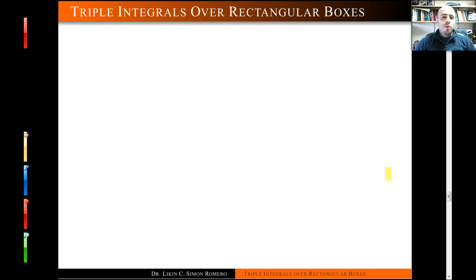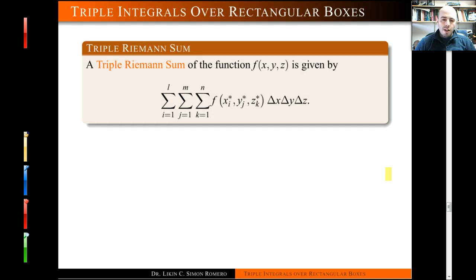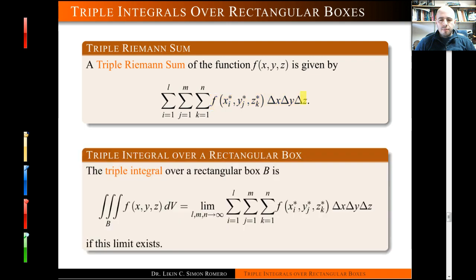So now, how do we define the triple integral over a rectangular box? Let me again say that a triple Riemann sum is given by the value of a sample point times the volume of each individual small box, and then adding all those products together. The triple integral over a rectangular box is going to be the limit when L, m, and n go to infinity.